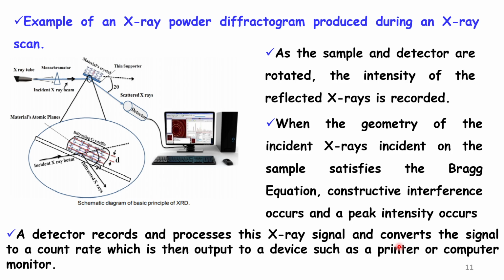Using the detector, we can record these signals and convert them to a count rate, and this output can be observed or recorded on a printer or the computer monitor.